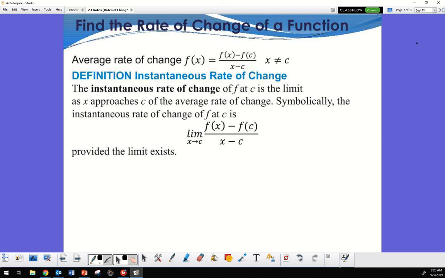I'm going to call them pointy points, but they're only pointy points on a graph. So if you're looking at a graph, it's going to be a pointy point. That means that it's not going to be smooth. It's all of a sudden changing the direction of your slope from a positive to a negative without actually going to zero first.